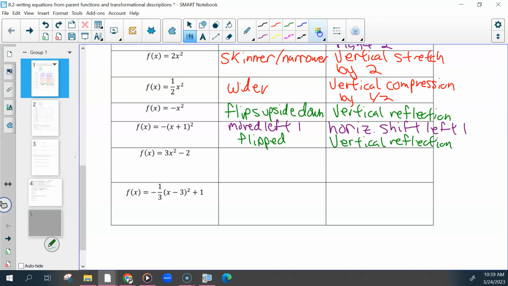Let's go to the next one. You can either graph that or look at your previous examples, see if you can figure out what changed, what the rules are.